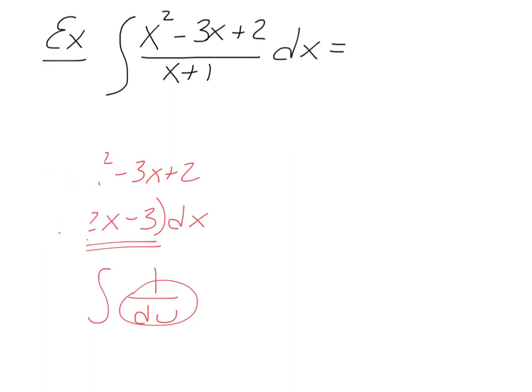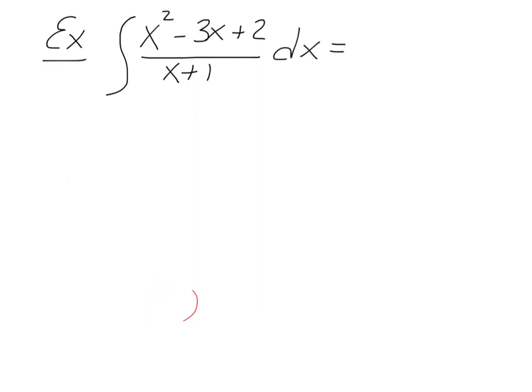So what do we do? Well, this is what we call an improper rational function. It's improper because the degree, which is the highest power of x, which in this case is 2, the degree of the numerator, 2, is bigger than or equal to the bottom, which has an implied degree of 1 because it's x to the first power in the denominator.